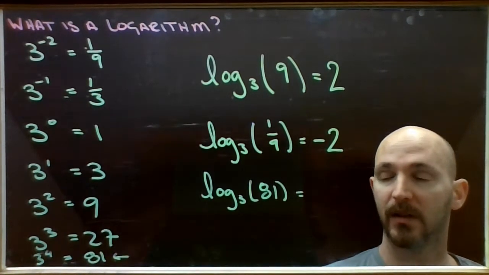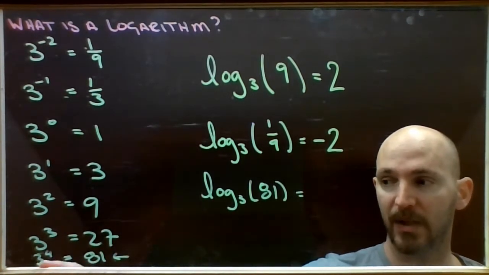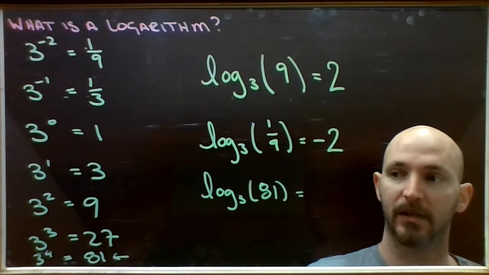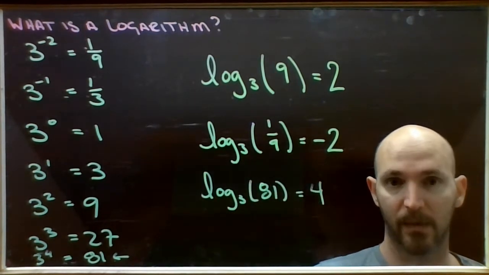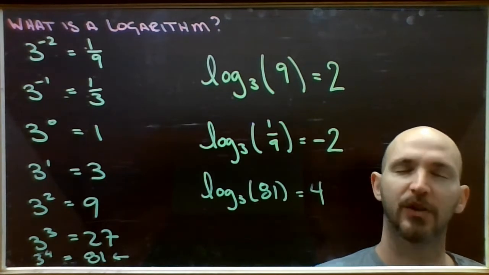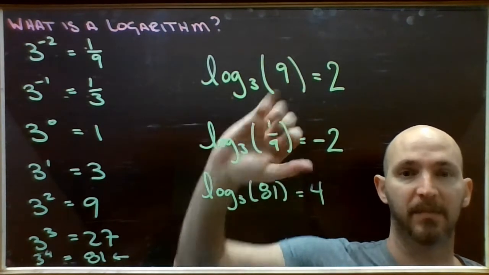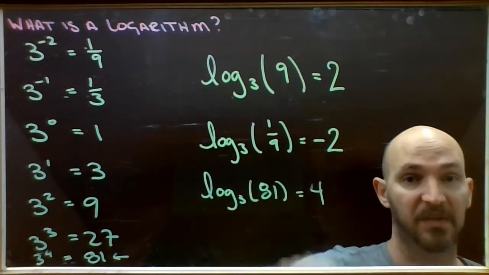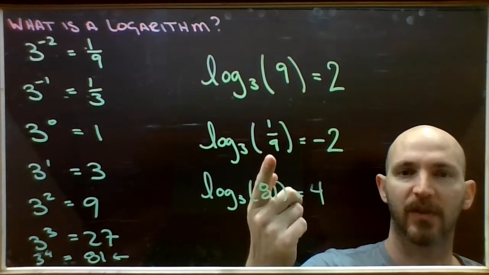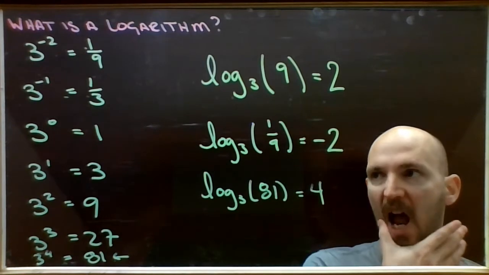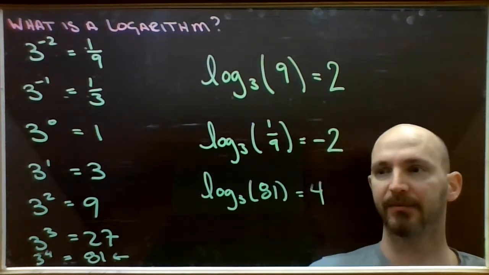There it is. So because 3 to the power 4 is 81, log base 3 of 81 is 4. Do you notice that this logarithm was able to spit out positive numbers? It was able to spit out negative numbers? But I haven't tried putting a negative number in. So I'm going to try that one.